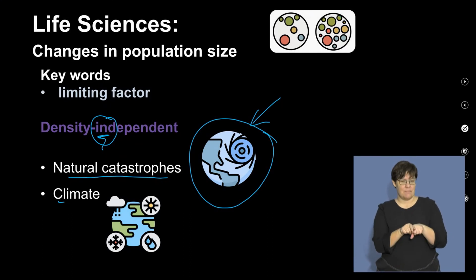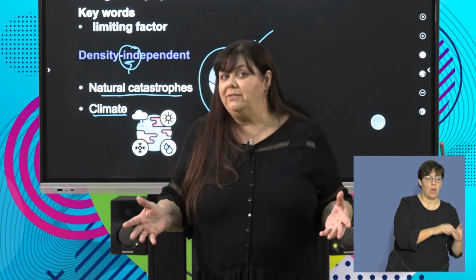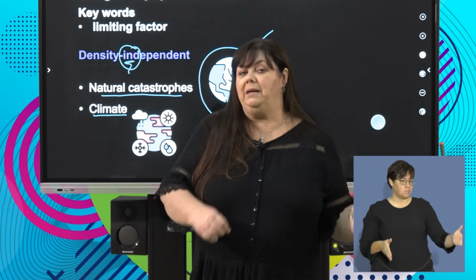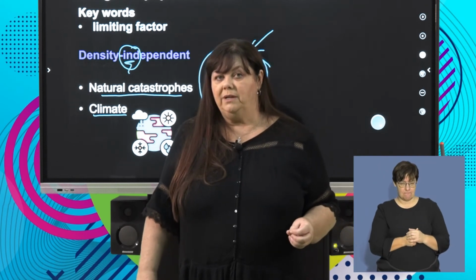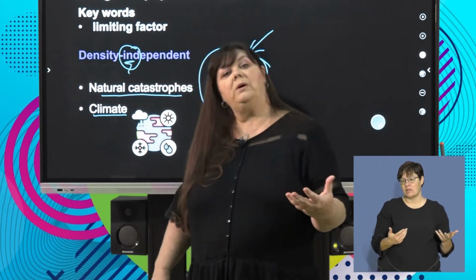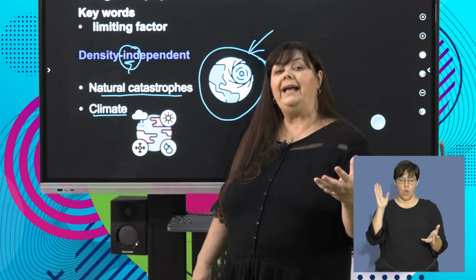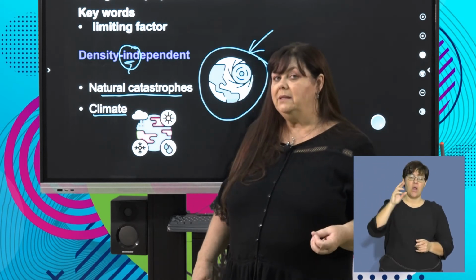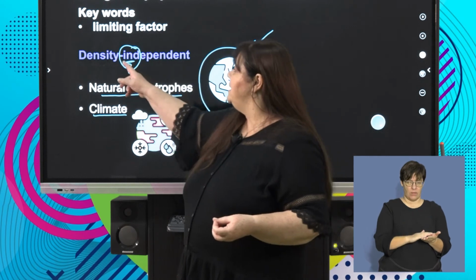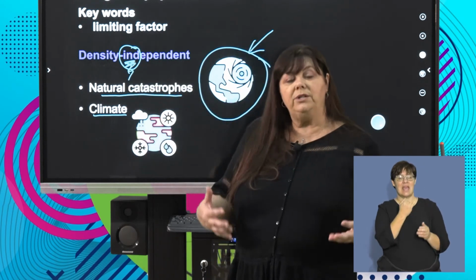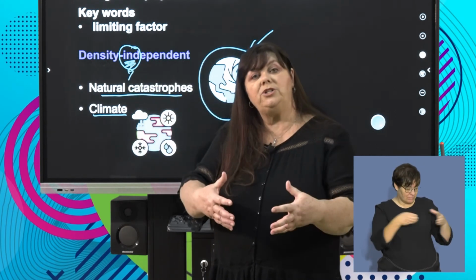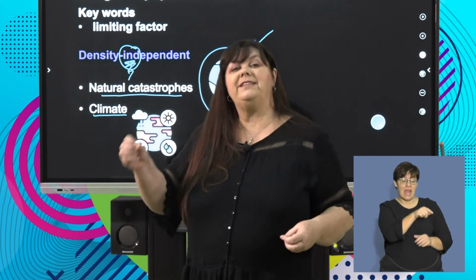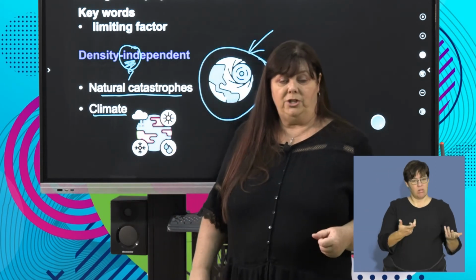In the same way, climate changes are going to affect a population irrespective of how many members are in that population. So when we talk about rivers drying up in the summer months, that is density independent. It's going to affect the population irrespective of the size of the population.